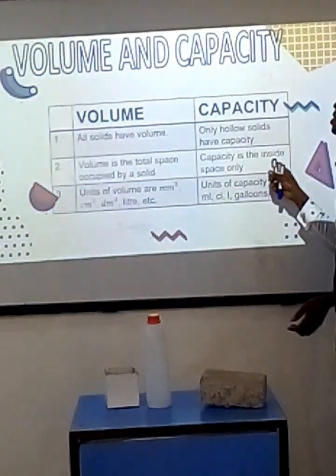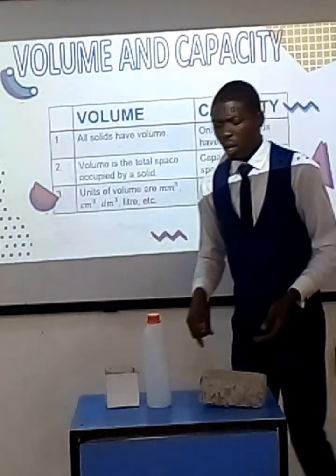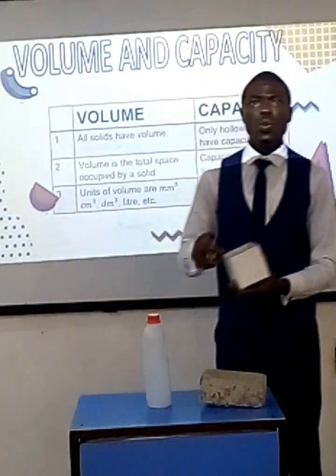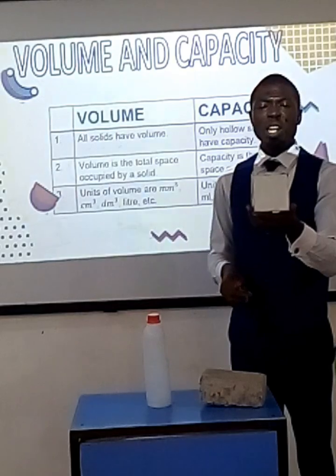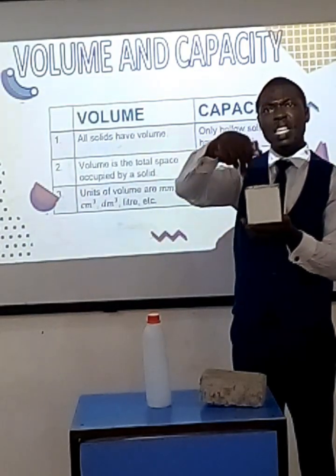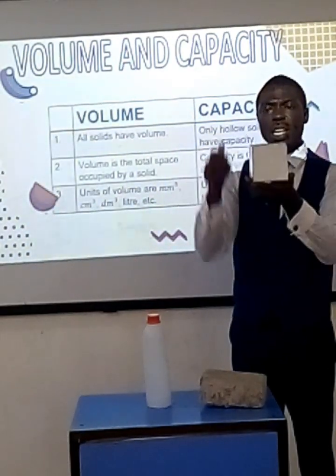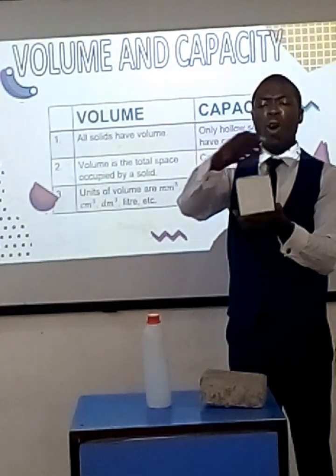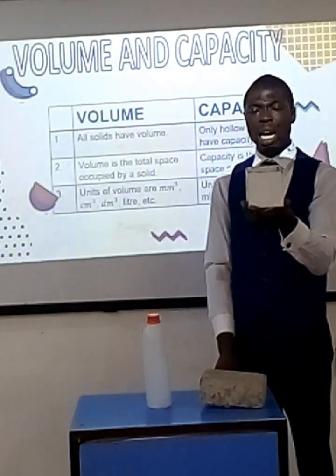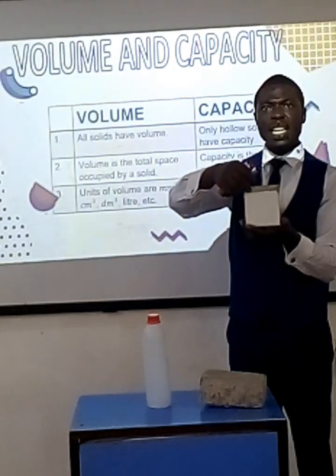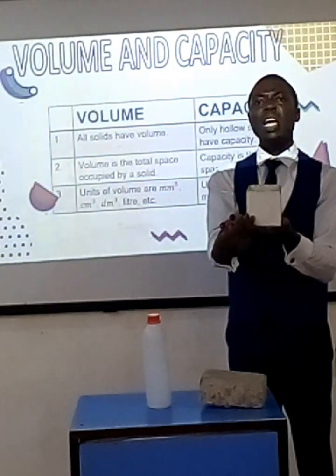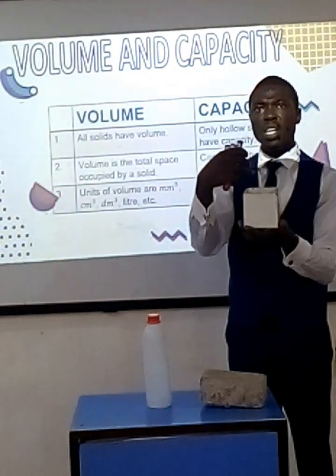Now, capacity is an inside space only. If you look at this, you agree with me that this shape has thickness. So capacity talks about the inside space. In this regard, the volume will be higher than the capacity, because of the thickness between the outside space and the inside space.